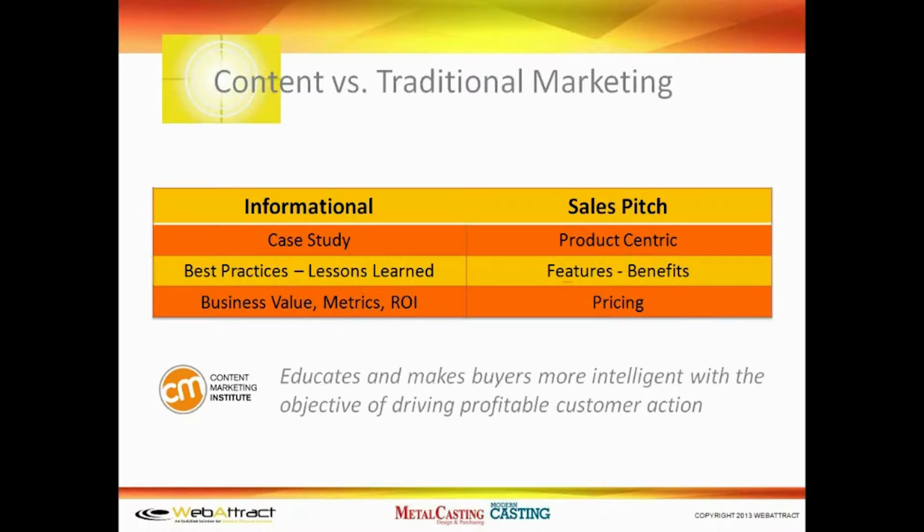Informational is providing business outcomes and results in the form of a case study, which Jim is going to do in a little bit. It's talking about best practices, lessons learned, business value, metrics, return on investment, as opposed to traditional marketing, which is more pitchy, and it becomes about the product. It becomes about features and benefits and pricing.